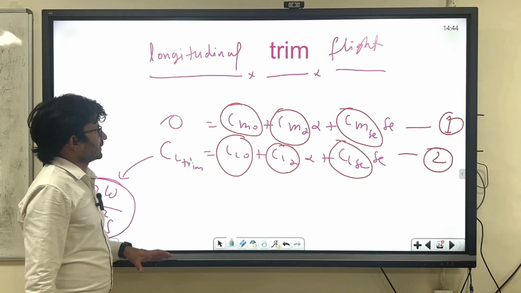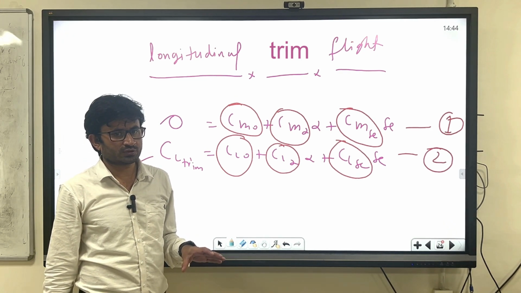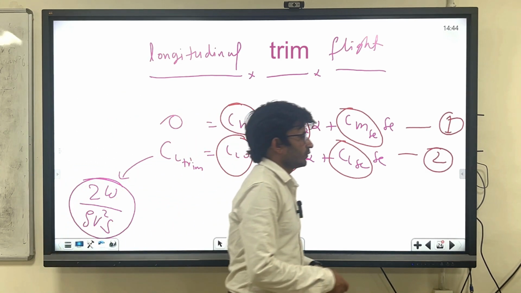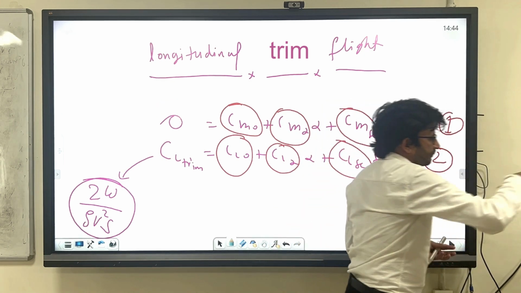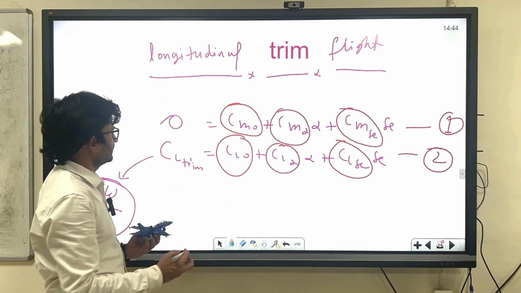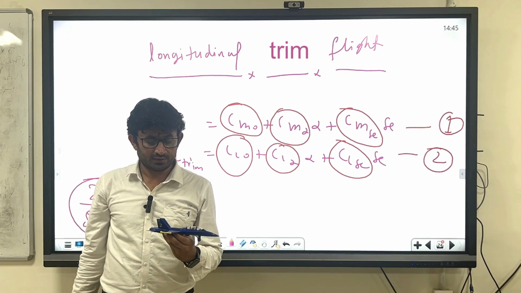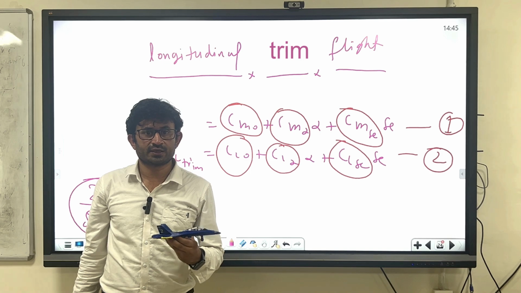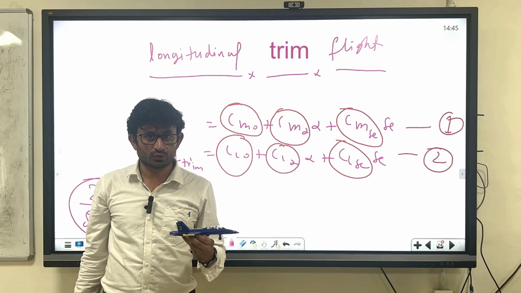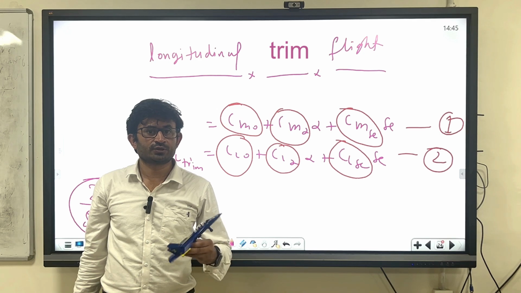So now we have one complete force equation and one complete moment equation, and let's say you want to fly the aircraft in steady state level flight. Now we have one lift force and one moment equation, and to fly at steady state level flight, you have to use the controls in such a manner that you do not get any net pitching moment.